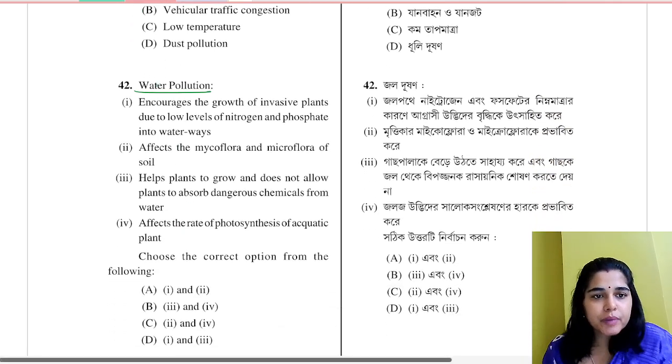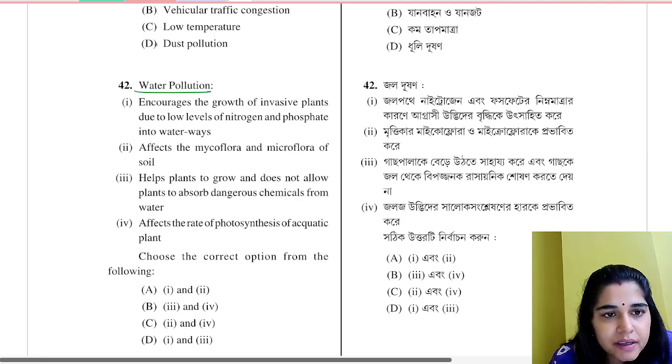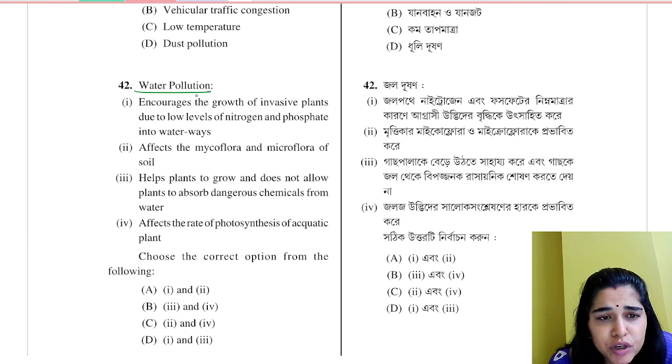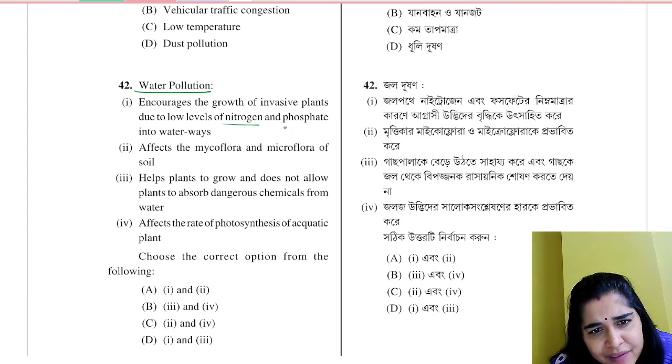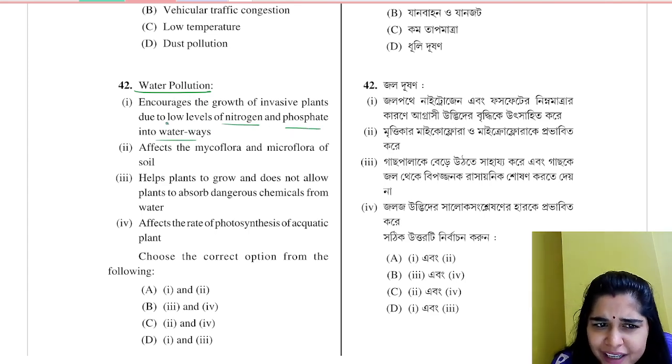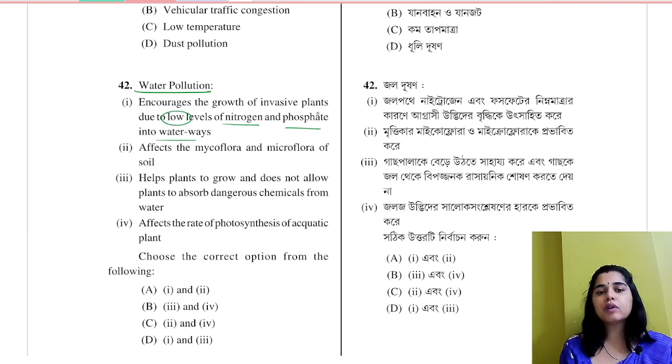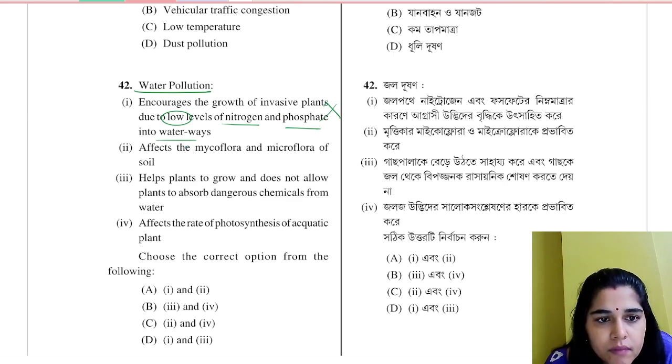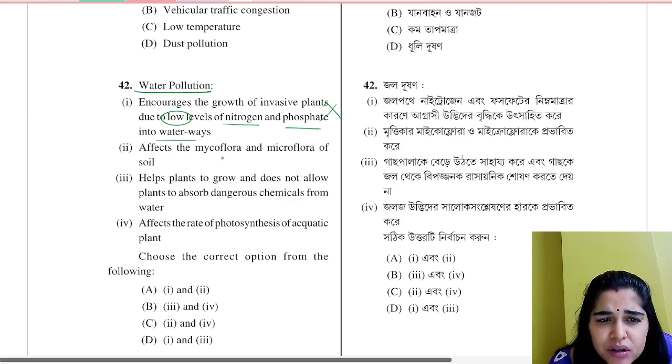They ask about the PD, that is people and development environment. Water pollution encourages the growth of invasive plants due to low level of nitrogen and phosphate in water. Why the low level? There will be no low level. Affect the microflora and microbe of the soil.